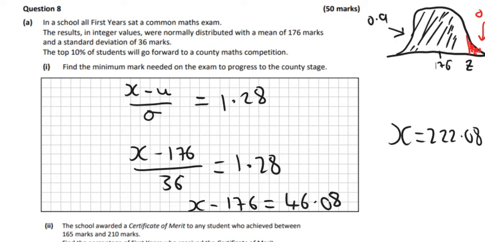If you think about it, you can't really get 0.08 of a mark. So they would need to get above 223 marks. So that's the first part.